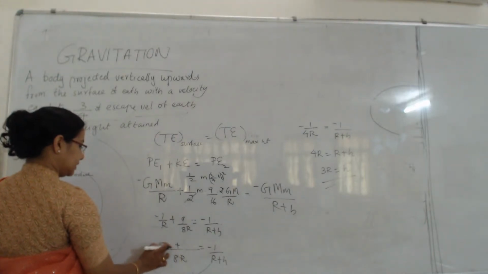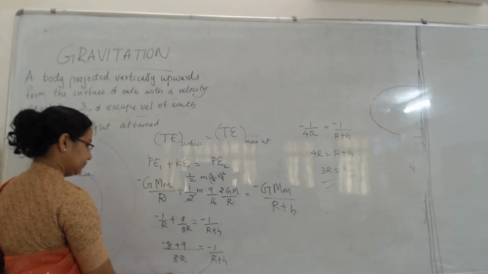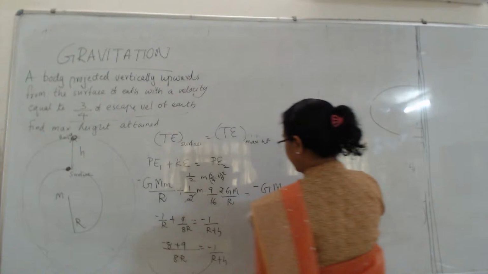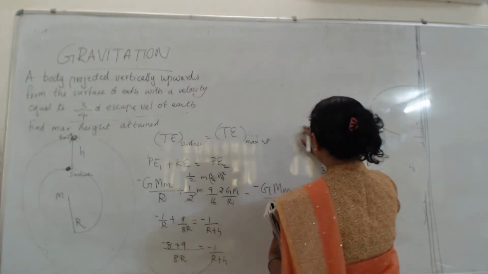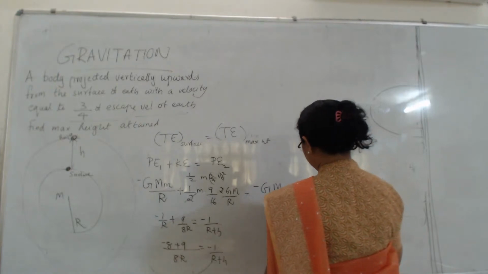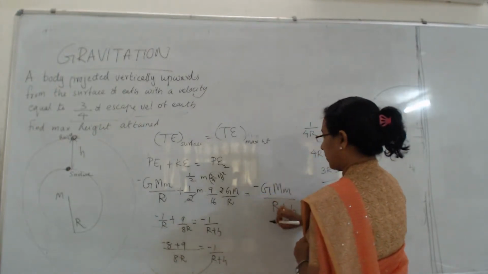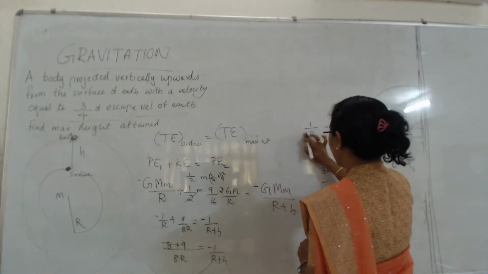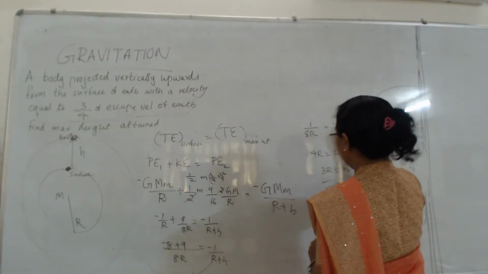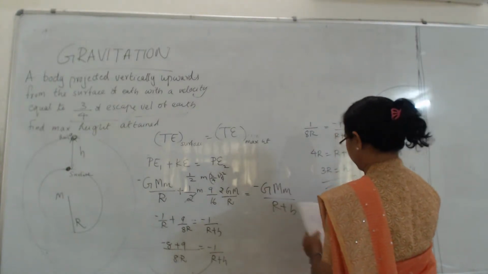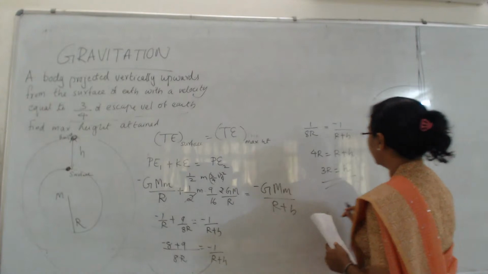So it will be minus 8, and here 9. When you cross multiply, we'll get 1 by 8R is equal to minus 1 by R plus h.